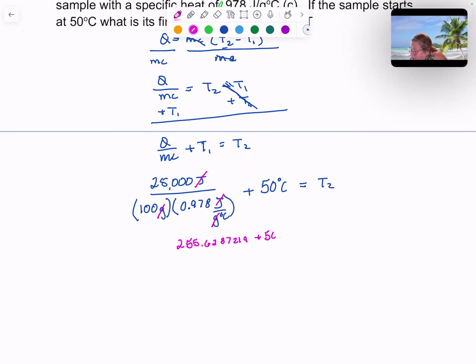Plus 50 degrees Celsius. If I add 50 to this, that's going to give me 305.62, blah, blah, blah, degrees Celsius.